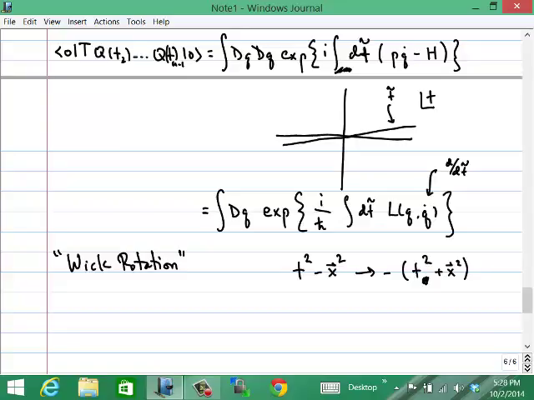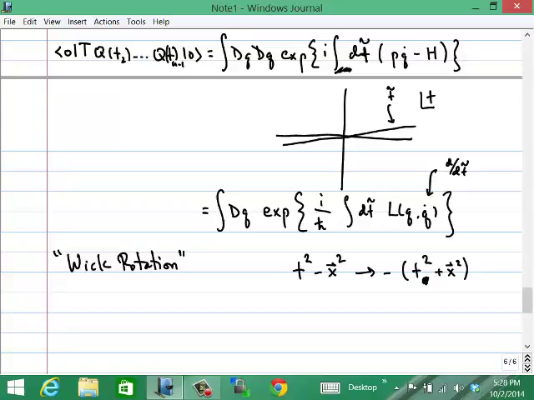So from a practical point of view, what this means is that when we compute expectation values in the ground state in quantum field theory, you can just rotate the contour that you're integrating in from a real-time contour to a complex time contour.